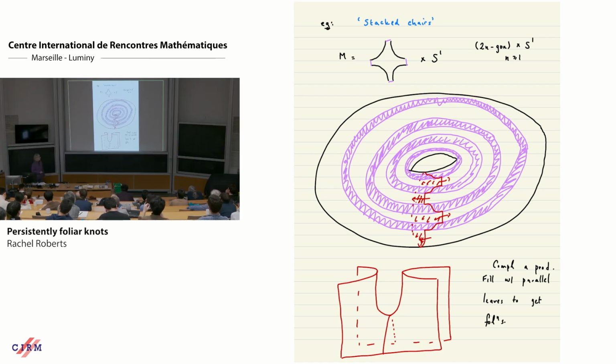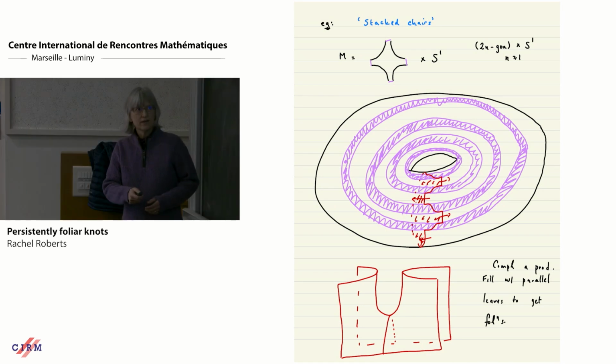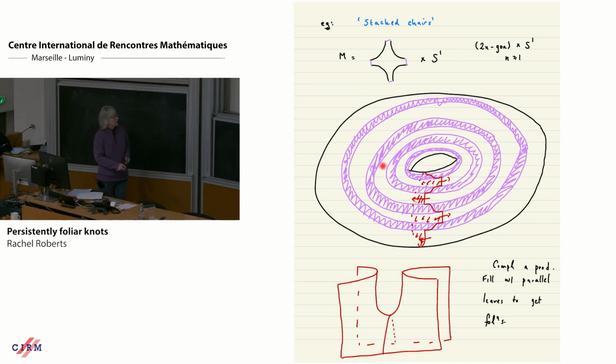So if you think about what's happening, we're going to get this saddle on the inside, where two of the ends of my saddle spiral in on this piece right here, and the other two spiral in the opposite direction. And on the purple, we're going to see the leaves that spiral into the boundary of the purple.